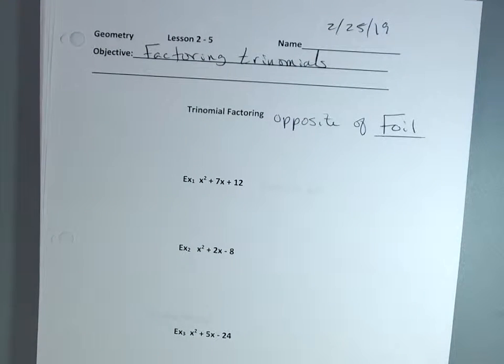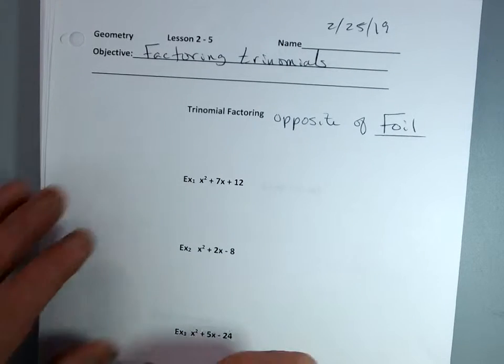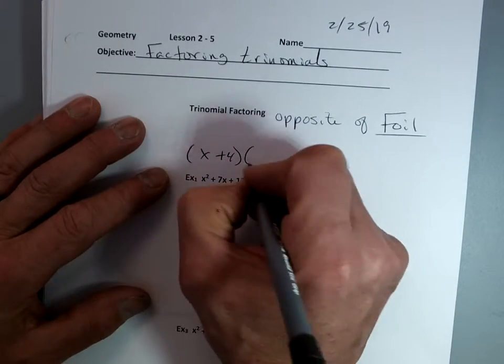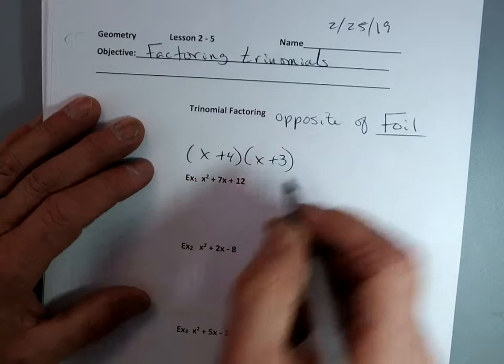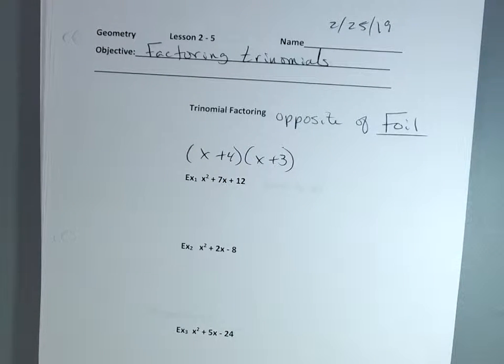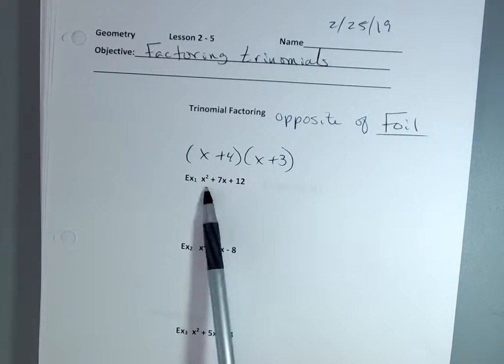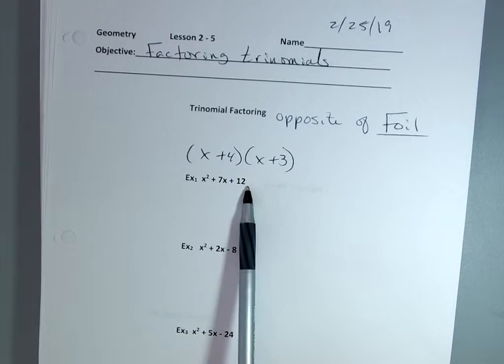So what we're going to have is a problem that's going to have two different forms, but it's the exact same form. For example, if I had x plus 4 times x plus 3, okay? X plus 4 times x plus 3 is exactly example 1. They're the same problem.